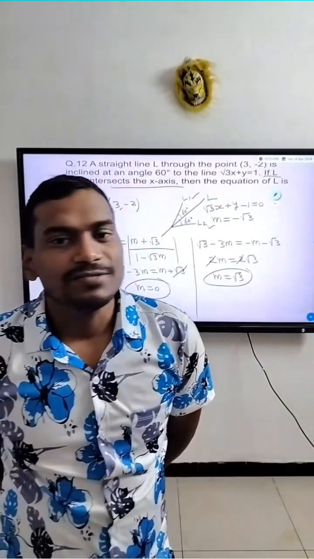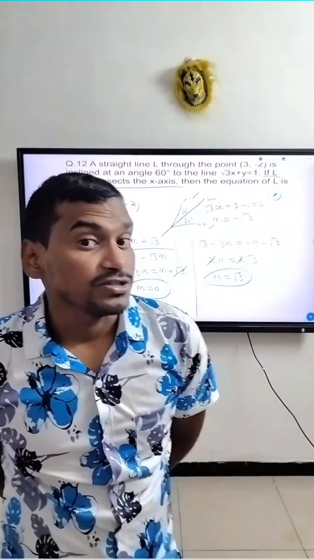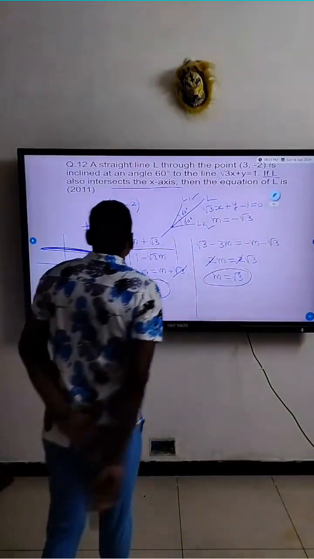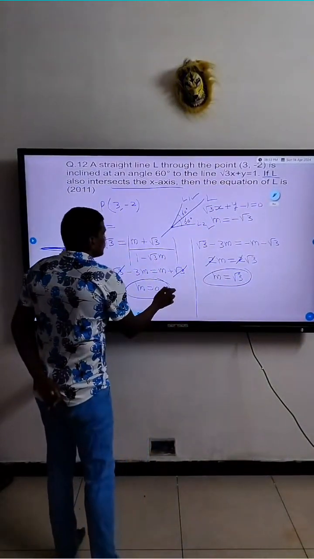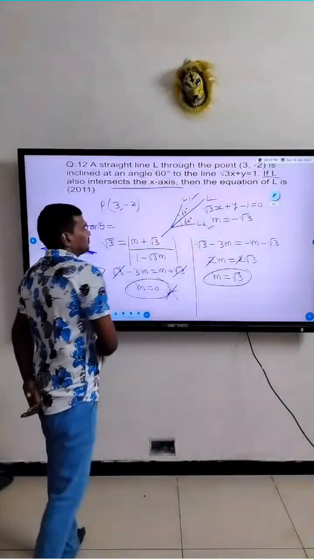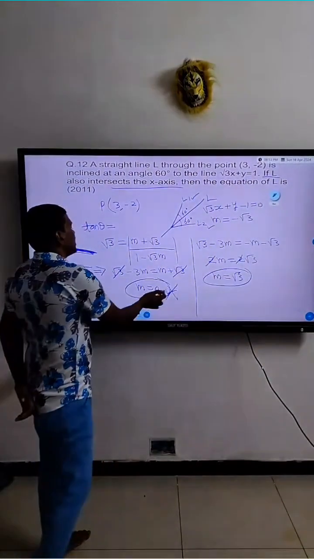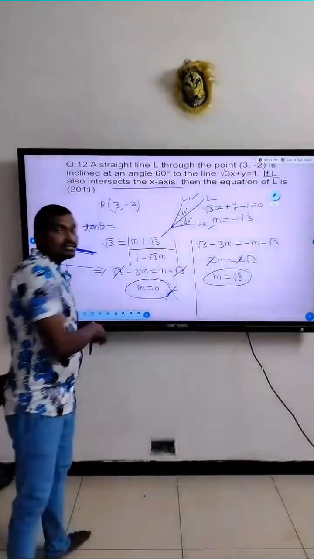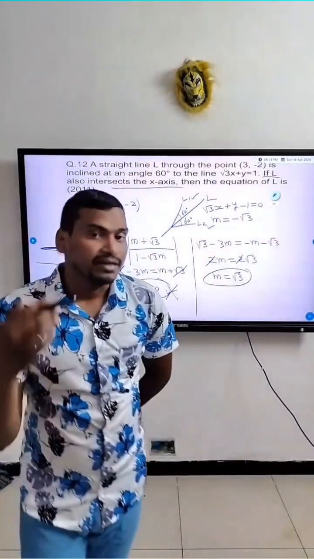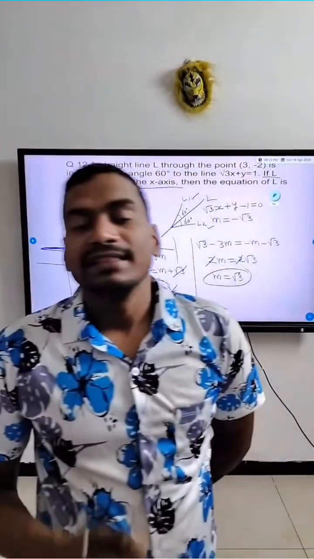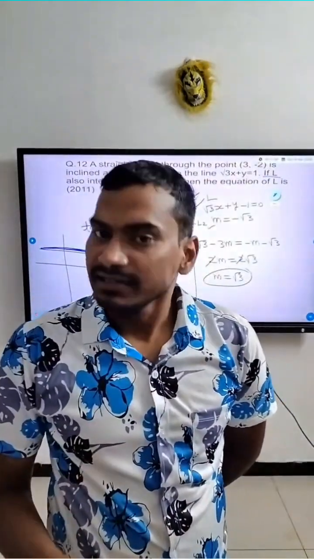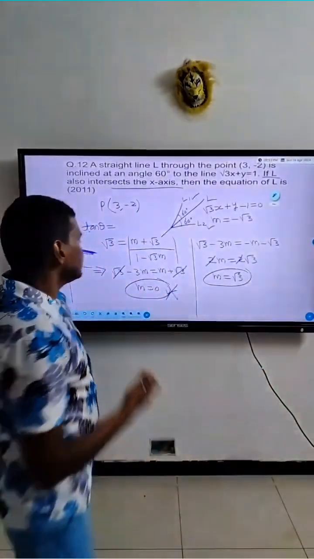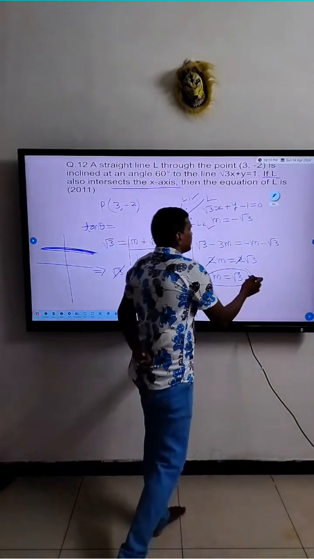When any line is parallel to the x-axis, slope is 0. That means m equal to 0 is not acceptable, because this will never intersect the x-axis, and in the question they have clearly mentioned that it is intersecting the x-axis. So this is rejected, this is accepted.